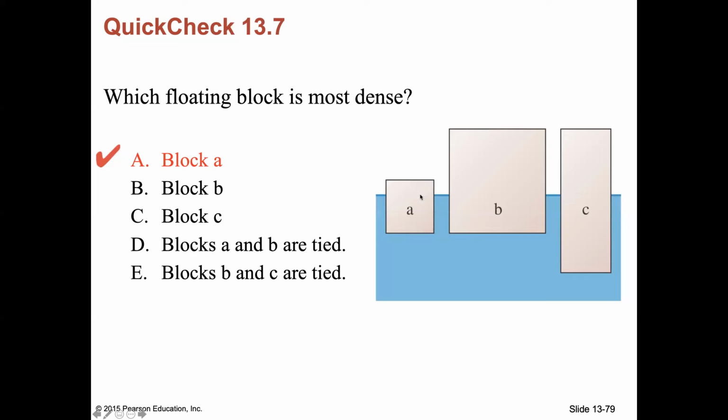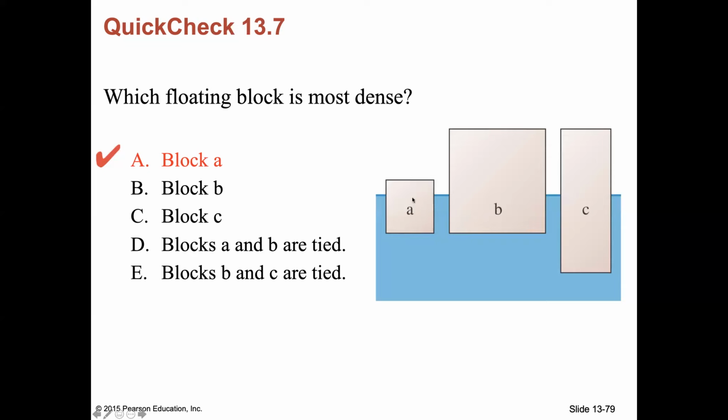So let's say maybe 80% of the object A is submerged in water, but for B, it's only 40% of the volume in the water. For C, half or 50% of the object is in water.